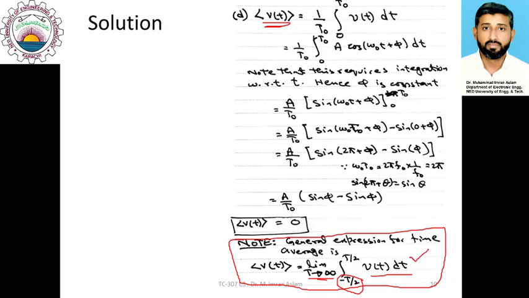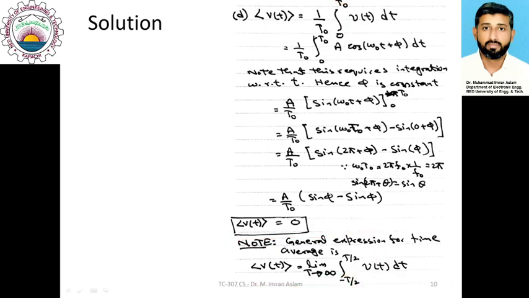So this is the generalized form. However, we do not need to use this form in this question because the function that we are dealing with is a periodic function. So we can calculate the integral by solving the function over a single period, that is the time period, which is represented as T naught here.